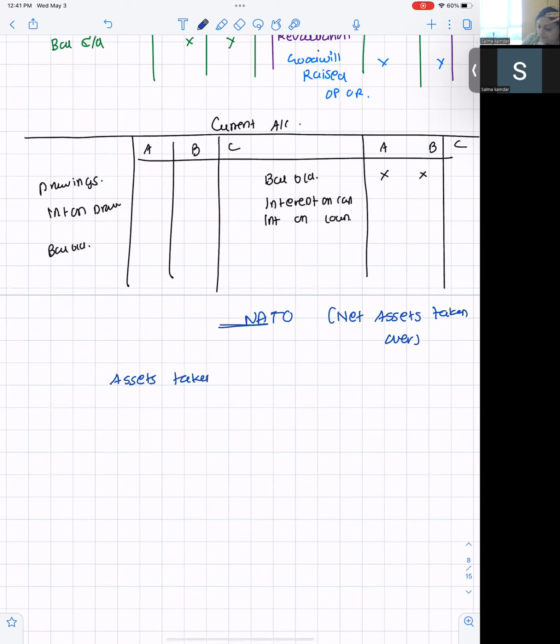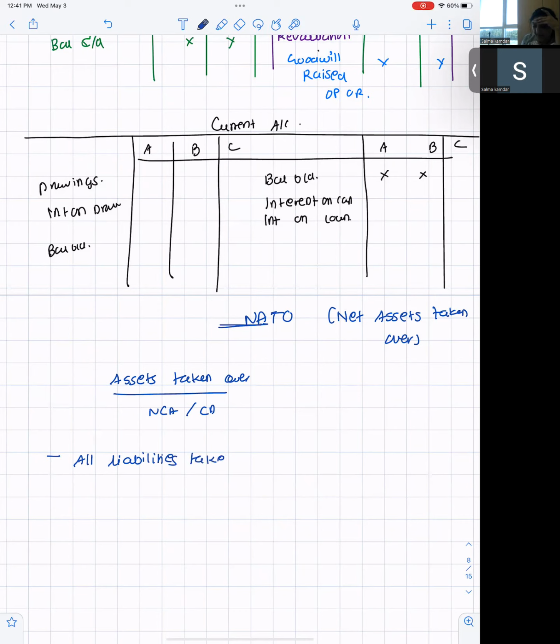I will take over all the assets, whether it is a non-current asset or a current asset, all the assets taken over minus all the liabilities taken over.